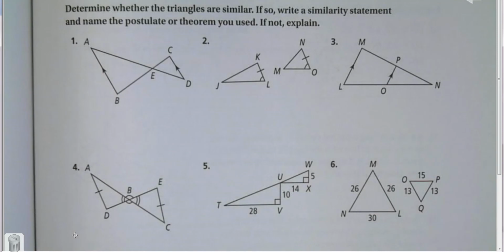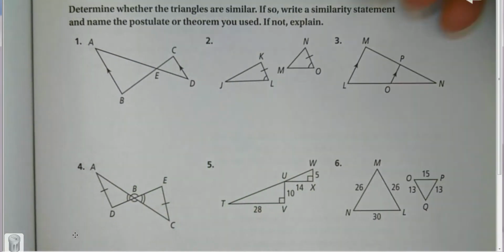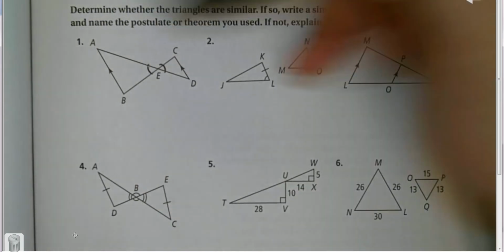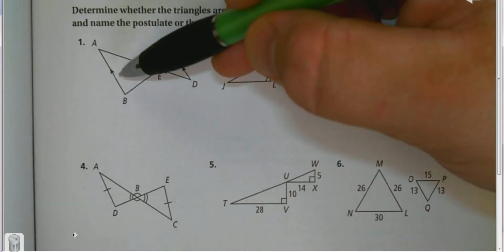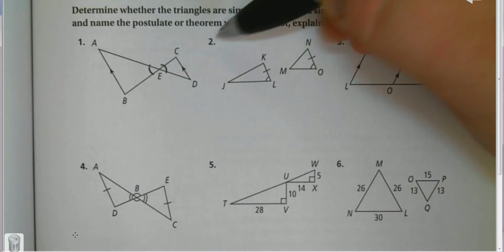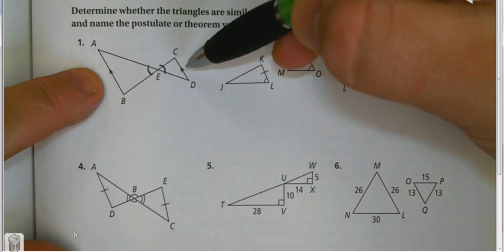Now, I will tell you there's one thing that you have to do, just like with congruency. You have to add information. So number one, we can add vertical. The other thing that is true, do you see this little arrow here? We haven't discussed this in the past, but we're going to discuss it now. These are things that show us that these lines are parallel.